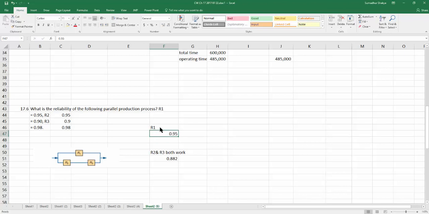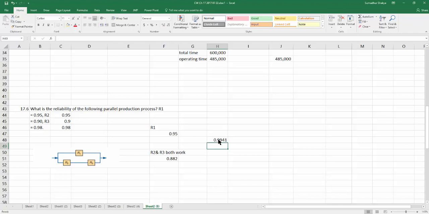Now the combined probability that R1 or this R2 R3 is working equals the probability of R1 working plus the probability that R2 and R3 will work when R1 will fail. Okay, so 1 minus 0.95. Okay, that's 0.9941.